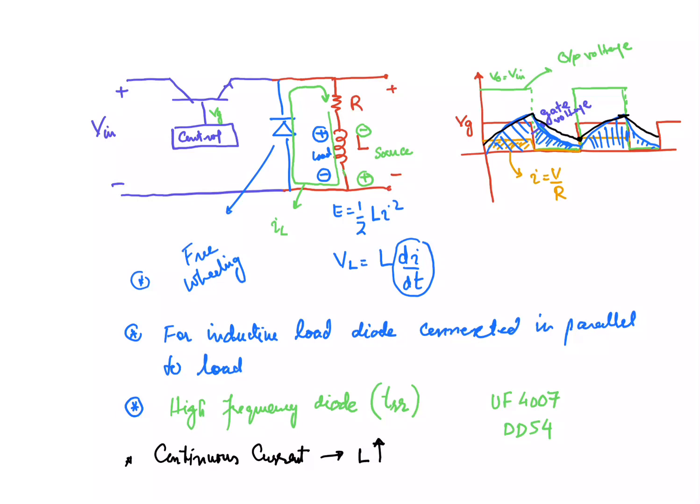But if you have the low inductance, so for low inductance you can draw the current waveform like that, starting over here, and it is going to become zero before the end of the cycle. So this is the discontinuous current, and discontinuous current means that L by R ratio is small, your resistance is dominant.